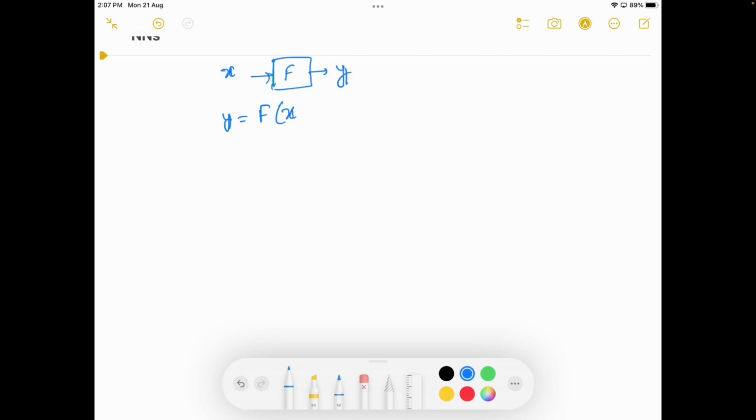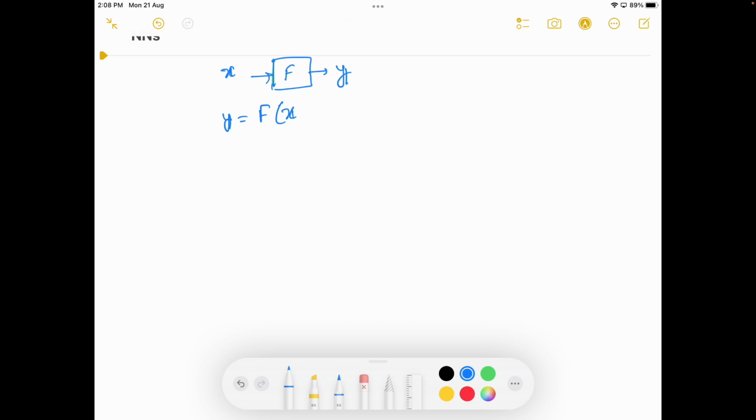Right? For example, you saw a linear classifier. What were the parameters there? The slope of the line and the bias or the intercept on the y-axis. Those were the parameters of that kind of separator model or classifier model.